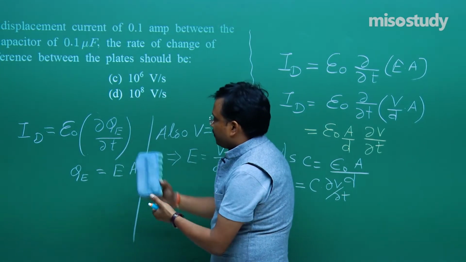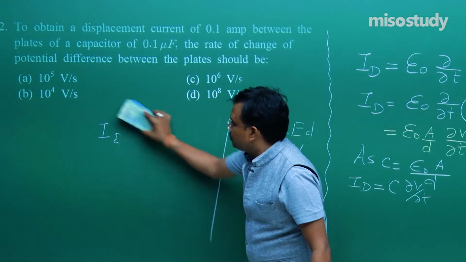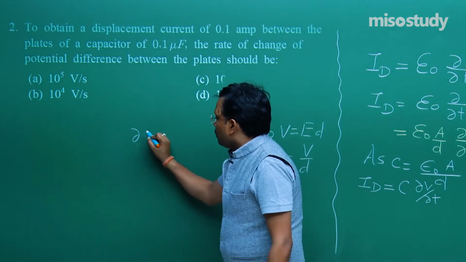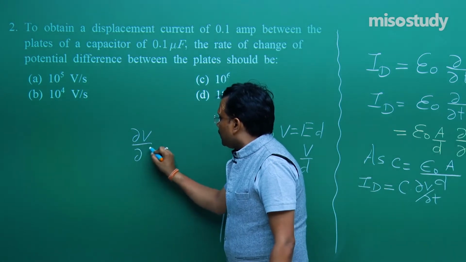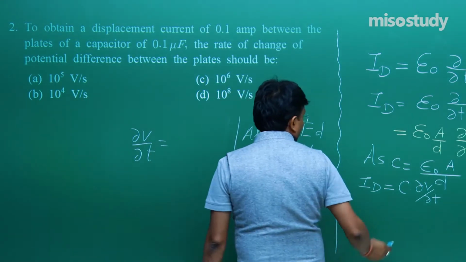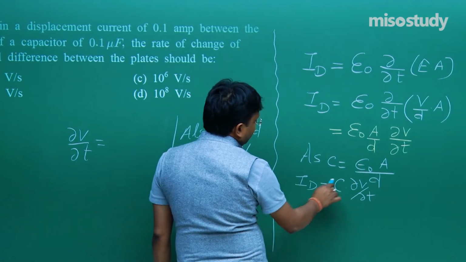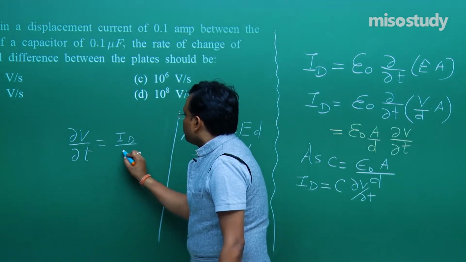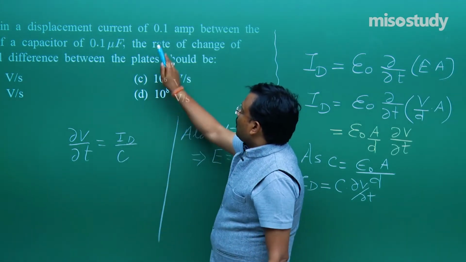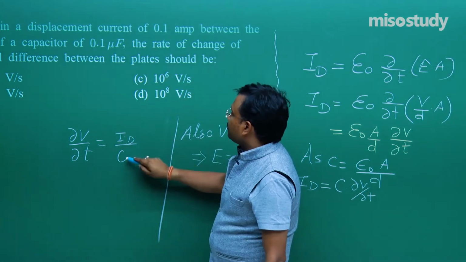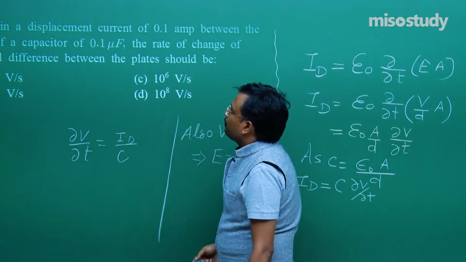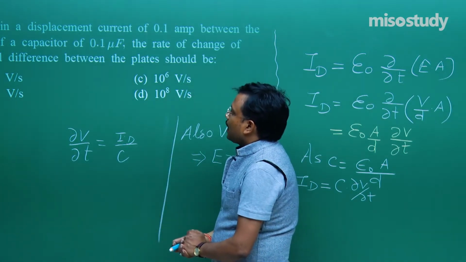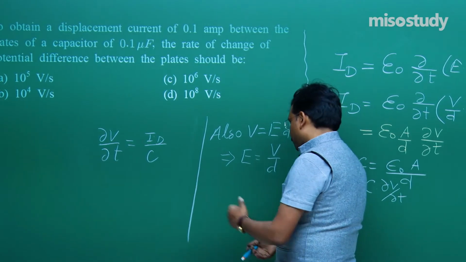I will use this space just to mention this solution, that is del V by del t is equal to, take a look over here, you will find I D by C. So it is I D by C. Take the values out. 0.1 and C is 0.1 into 10 to the power minus 6. So ultimately you will get the correct answer as 10 to the power 5 volt per second.